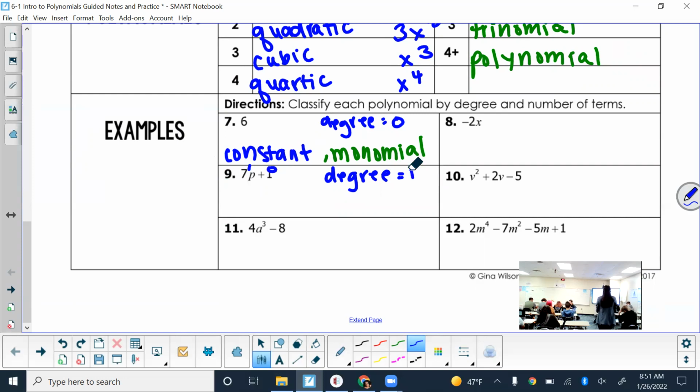So my overall degree is 1, which makes it linear. Good. Use your little chart. And then how many terms are in number 9? 2. So that makes this a binomial. Yes.